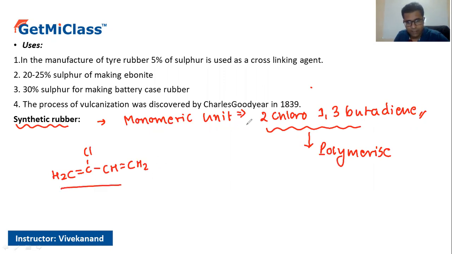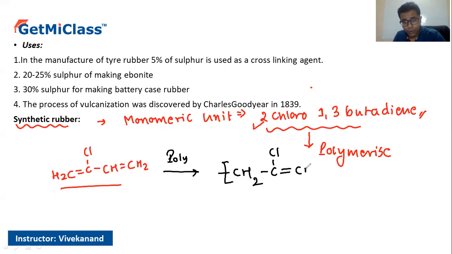Okay, so this is our 2-chloro-1,3-butadiene. Correct. Now, when we polymerize this, what do we get? We get CH2 single bond C, Cl double bond CH single bond CH2, and this particular thing continues.